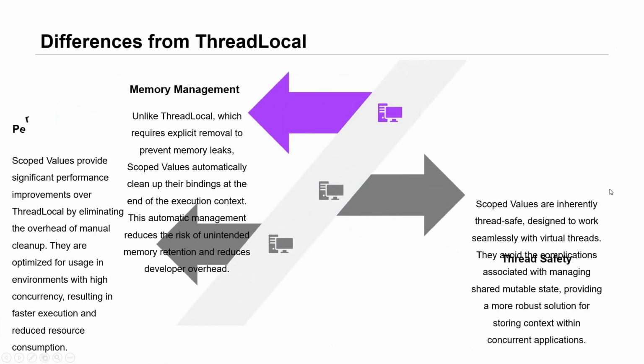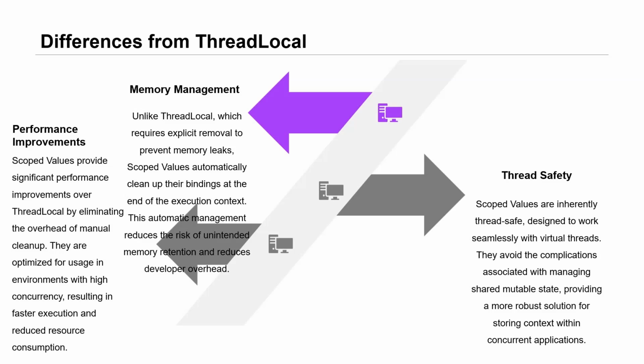Now we are going to talk about how scope values differ from ThreadLocal. We have categorized the differences in three portions: performance, memory management, and thread safety.